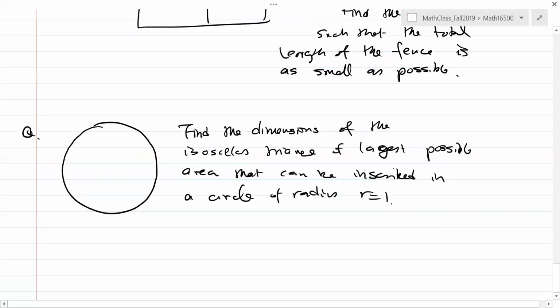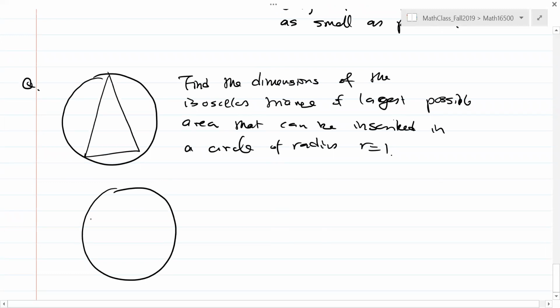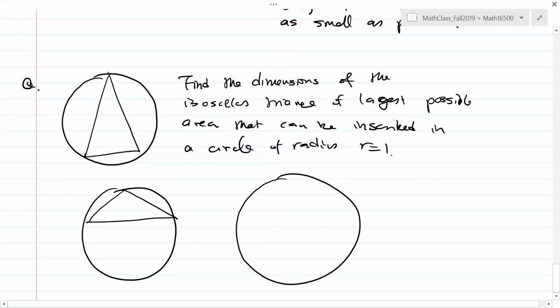So there are many isosceles triangles there, right? I can draw many of them. Let's say this is the first one. This is an arbitrary one. This could also be an isosceles triangle. Yeah, there are many versions. Maybe this very tiny one, right?